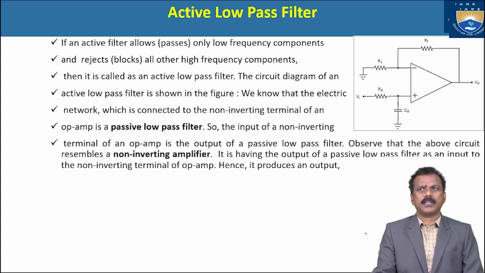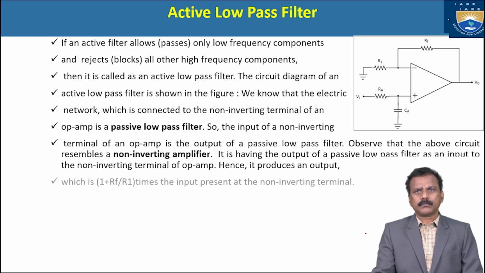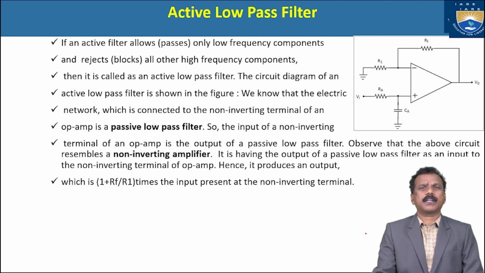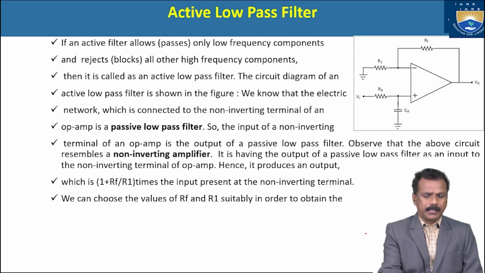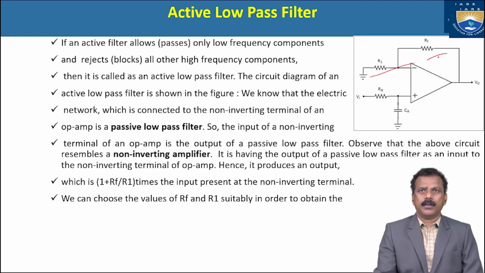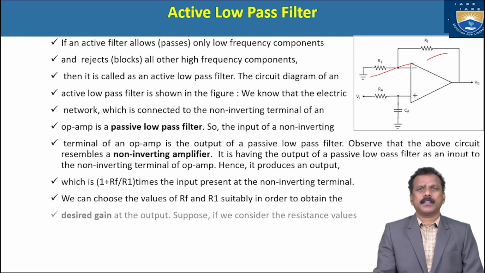Hence, it produces an output V0 which is (1 + RF/R1) times the input present at the non-inverting terminal. We can choose suitable values of RF and R1 in order to obtain the desired gain at the output.